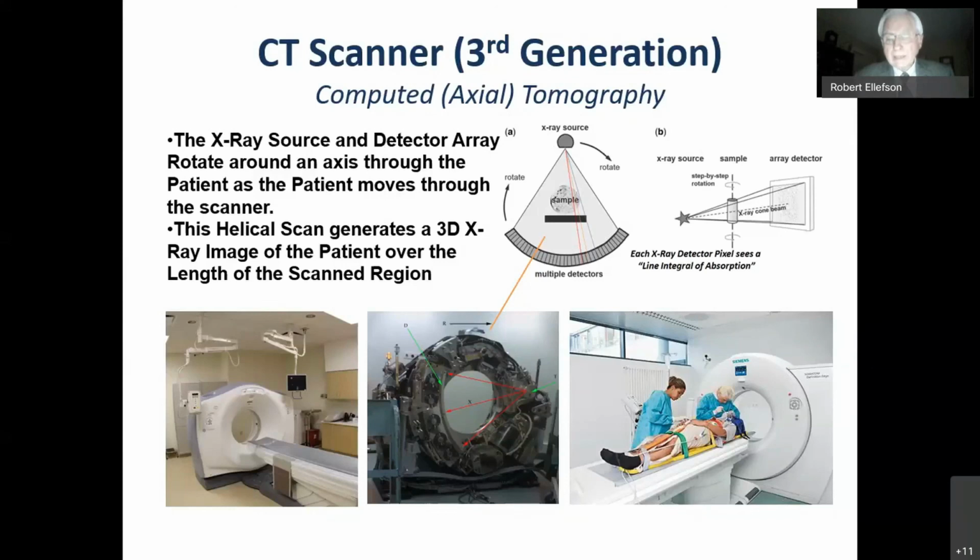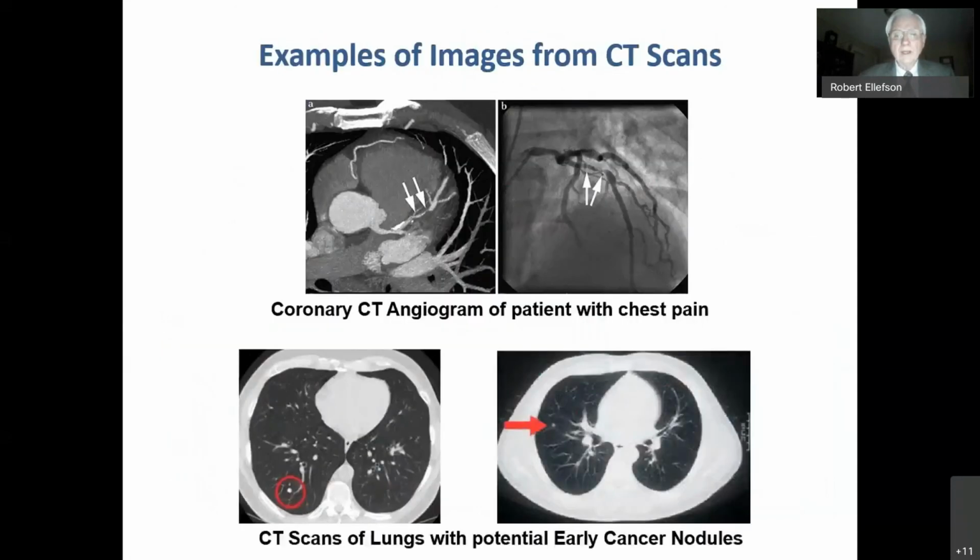So there's a combination of the hardware and the computer capabilities that can generate X-rays that are very, very valuable, like the ones that are shown here. Here's examples of some images from CT scans. The ones we're looking at top are a coronary CT angiogram taken of a patient where they put a dye in the blood that is flowing.